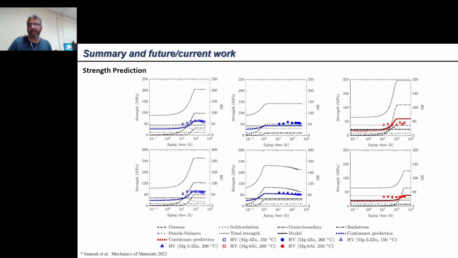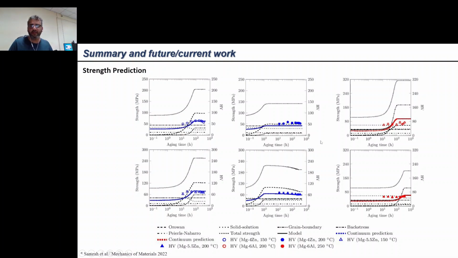In the next stage, we are also working on the strength prediction of these alloys. We have also developed a precipitation model which can predict the number density and size with respect to aging time. And we are using the output from the precipitation model as an input to the strength modeling framework that we are using now.